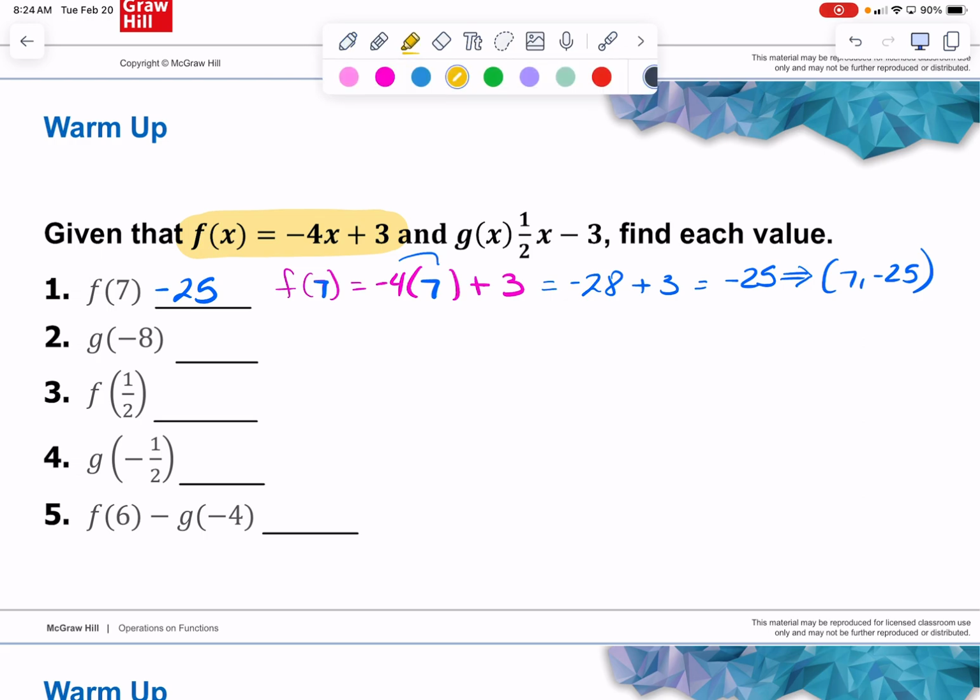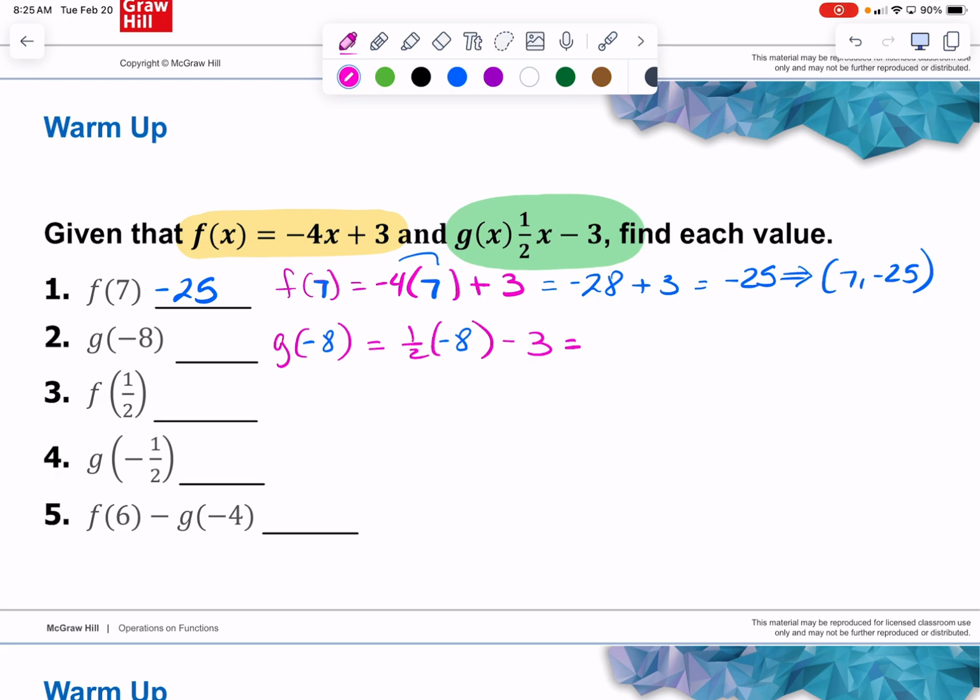Next we have g of negative 8. Now notice every time I do a substitution, I put parentheses in, and in place of the x, I'm going to write the value inside our parentheses.